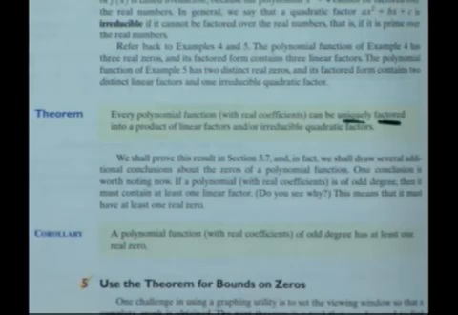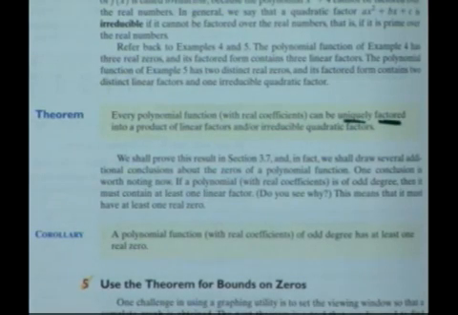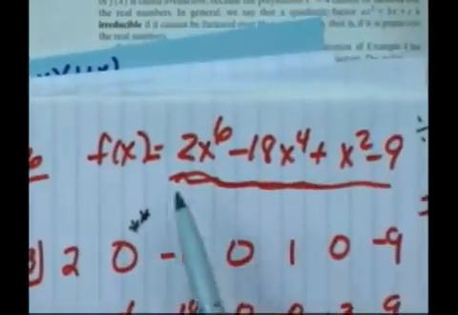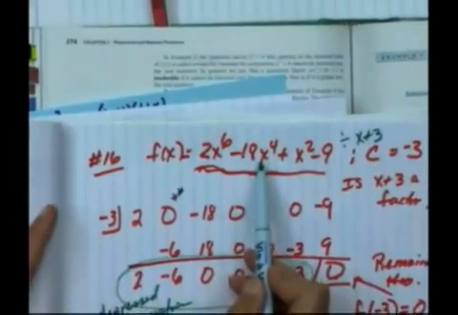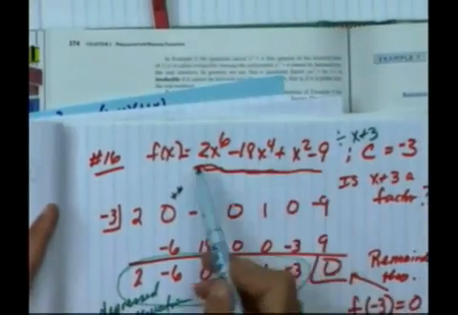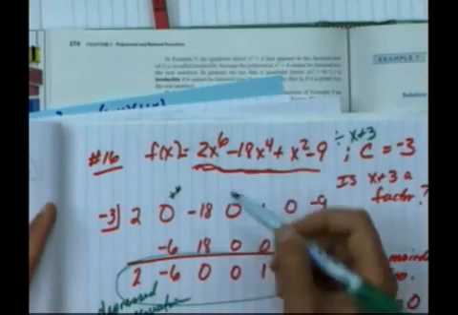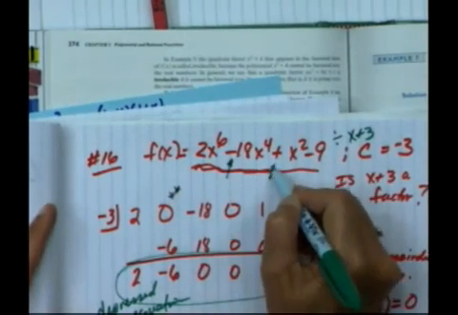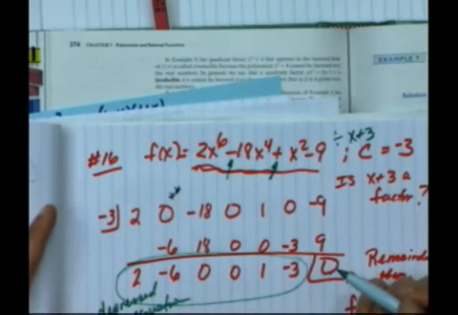What does it mean to factor a polynomial? Write it as a product, in lowest terms. Something like we did yesterday, 2x to the 6 minus 18x to the 4 plus x squared minus 9, is not factored, because we have terms separated by plus and minus.